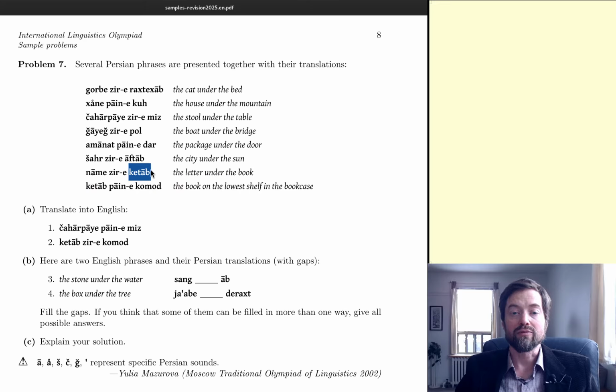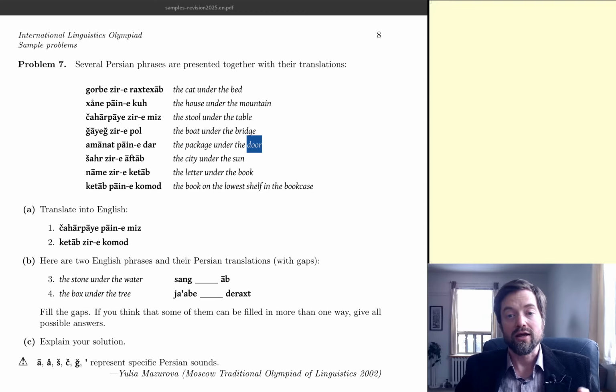And so now this information is enough to be able to know all the nouns, because right now we know that if this is under the book, this must be the letter. But that means if this is under the sun, aftab, then shar here is the city. Dar, oh, interesting, the word dar is door, and I think that's actually a cognate.